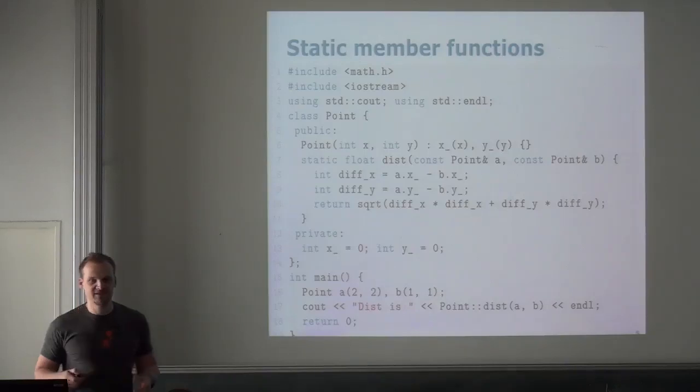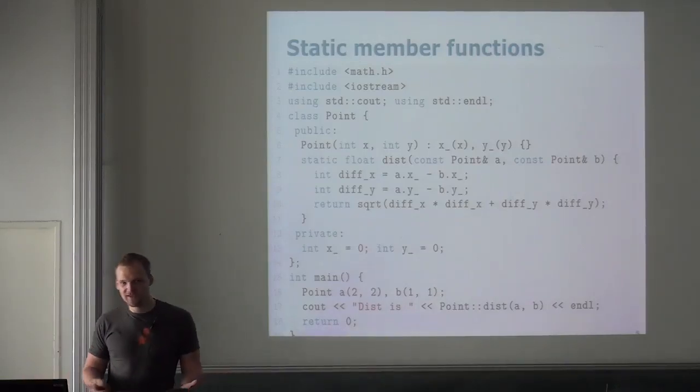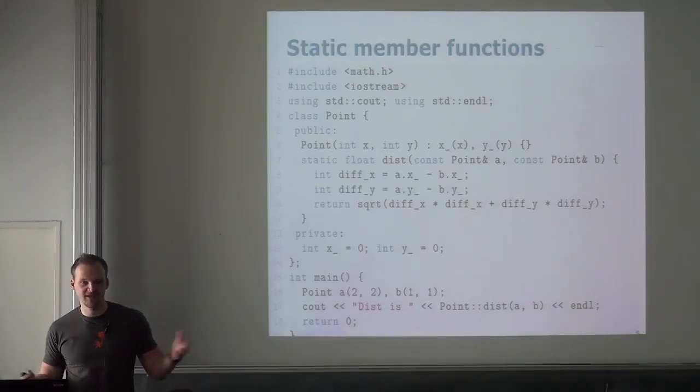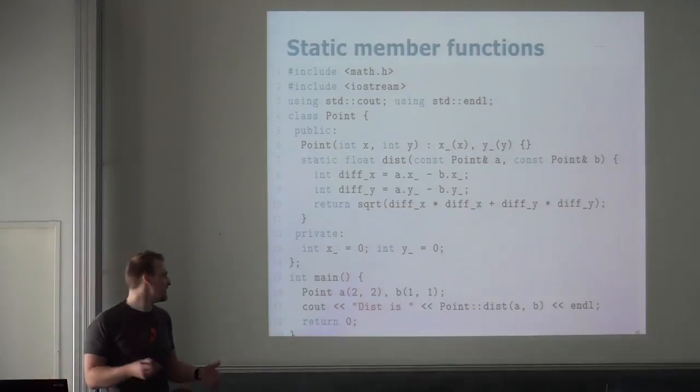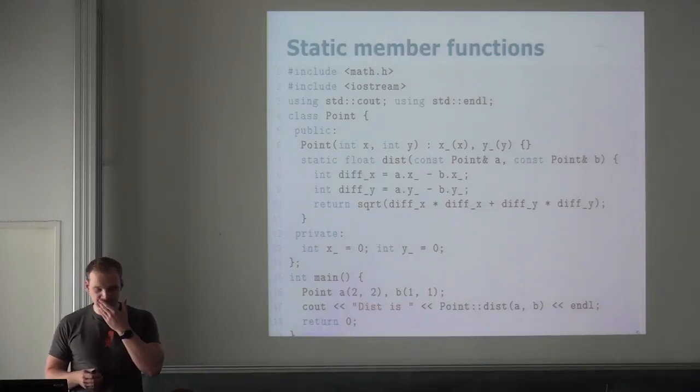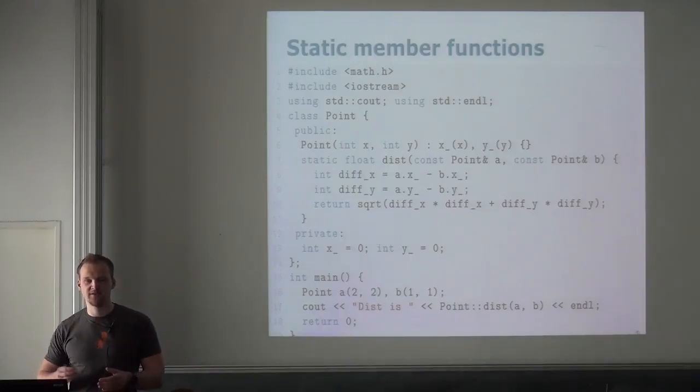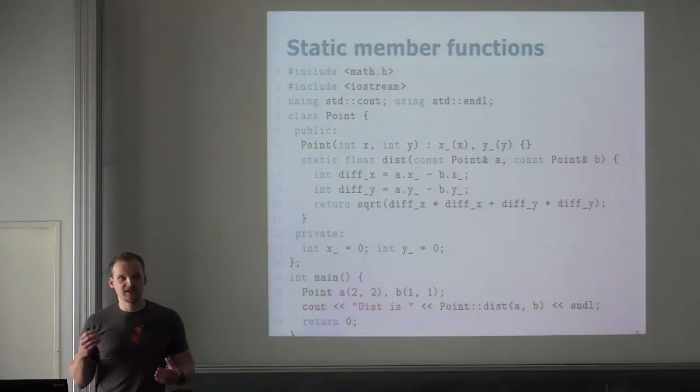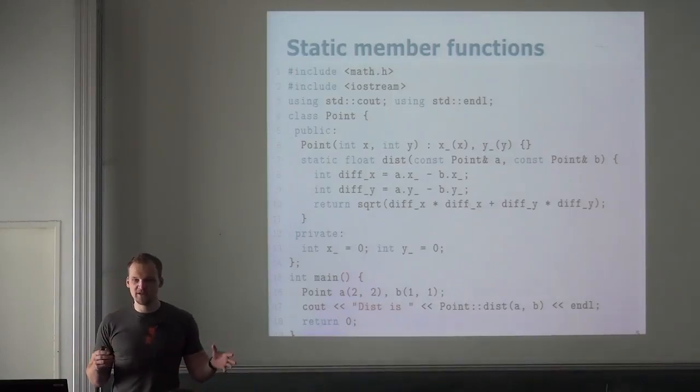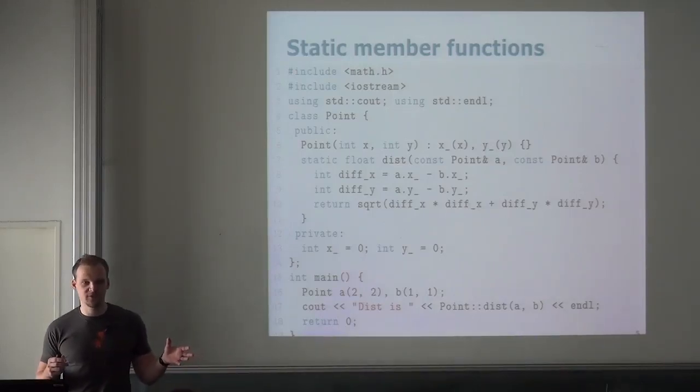It's a 2D point, it has an x and a y, and they're integers because why not? And what we want to do is compute the distance between 2 points. And we could theoretically just do a function that would compute the distance as a simple function.